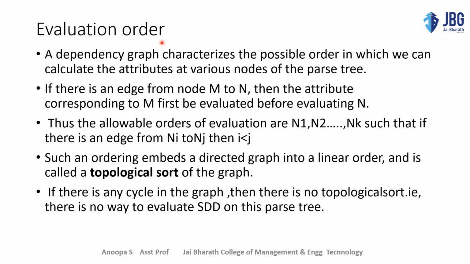The problem occurs when the graph contains a cycle. Then we cannot perform ordering of those nodes, so in that case we say that we cannot evaluate the SDD on this parse tree.